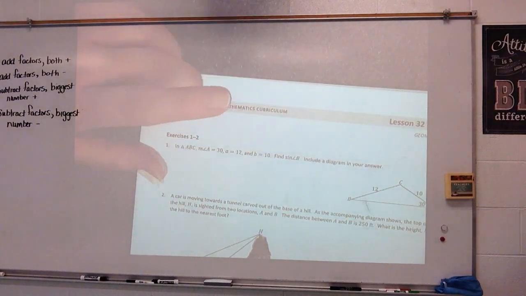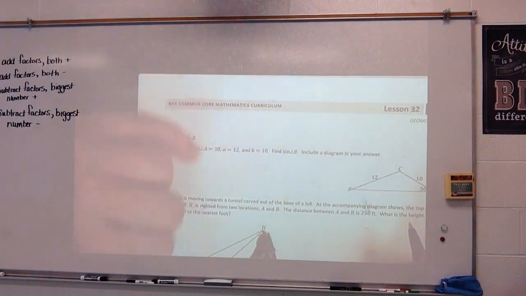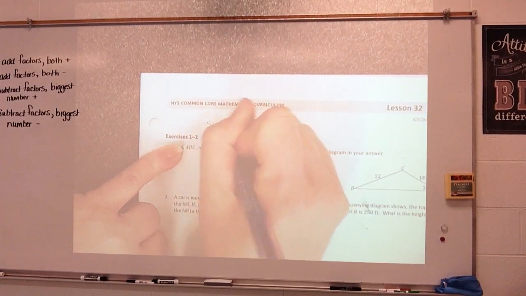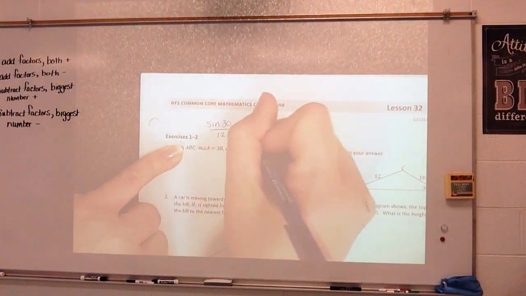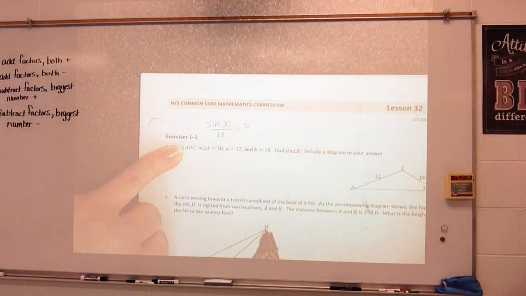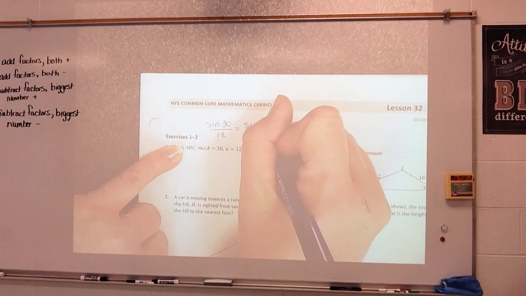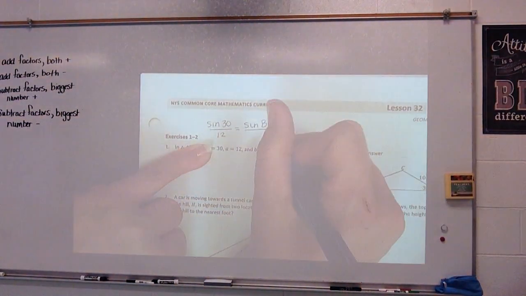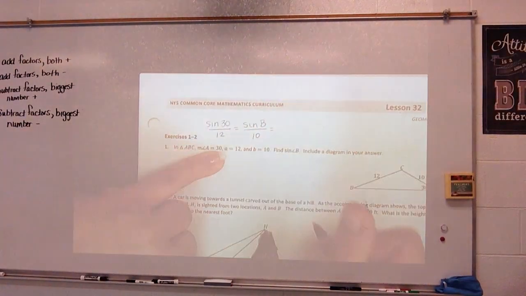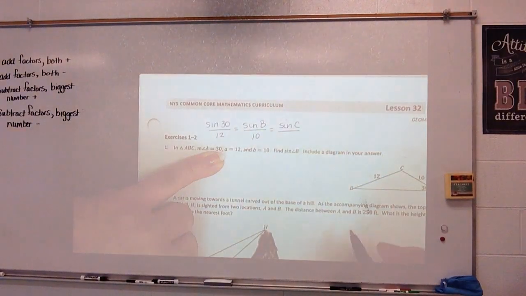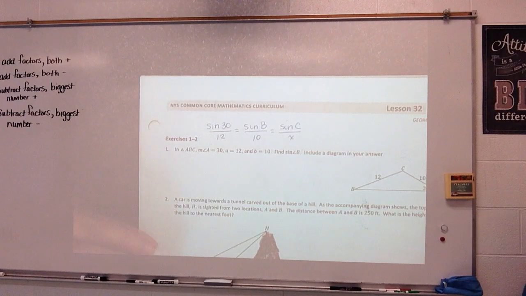If I set up all of my ratios, alright, so I know the sine of A, sine of 30, divided by 12 is equal to the sine of angle B, which we don't know, over b, which is 10, is equal to the sine of C. I don't know what angle C is either, over, I don't know what little c is.